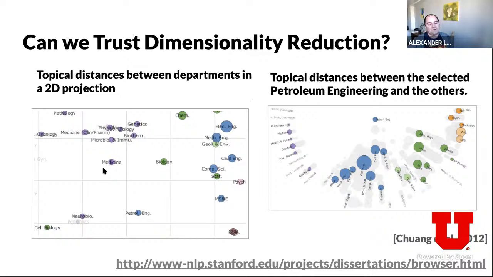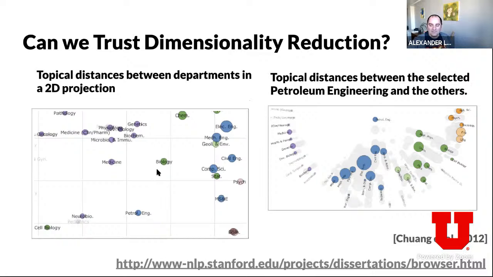With this dimensionality reduction method, it categorizes how similar the dissertations from these different departments are to each other. You have things like electrical and mechanical engineering, geology, computer science, petroleum engineering, neurobiology, medicine, and so on.